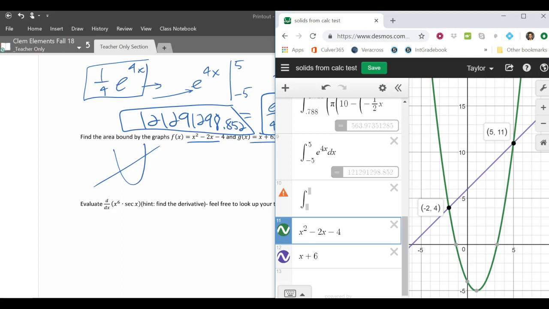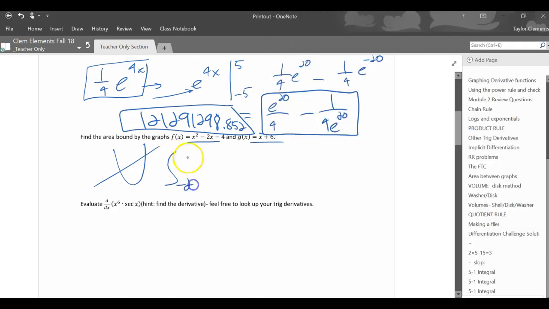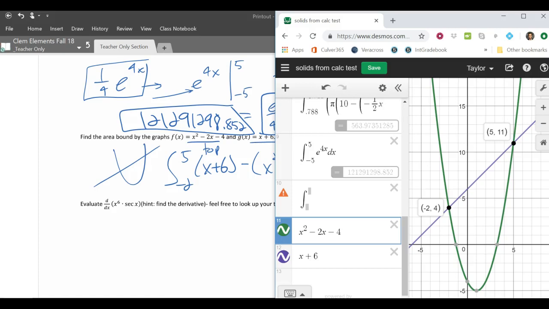So we're integrating from negative 2 to 5. Top equation is the straight line. Top minus x squared minus 2x minus 4, that's the bottom. dx. And that's it. Since I don't have to use the fundamental theorem of calculus, I can just type this in, and I'm going to do that.